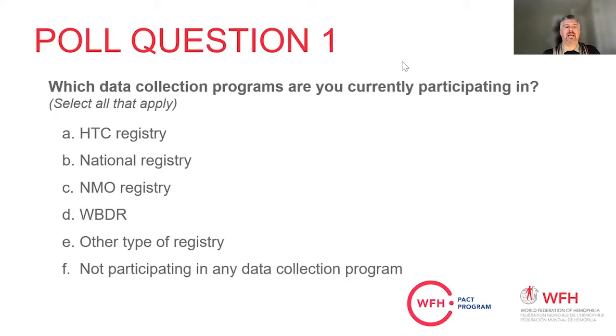This is actually very good. 40% in the patient organization, and again, close to 50% for WWDR. There's a very small minority doing other types of registry. We may get there during the discussion. And there's 10% not yet, I'd like to think, not yet collecting data. Hopefully we will convince them that there's value in collecting data. Thank you very much for voting.